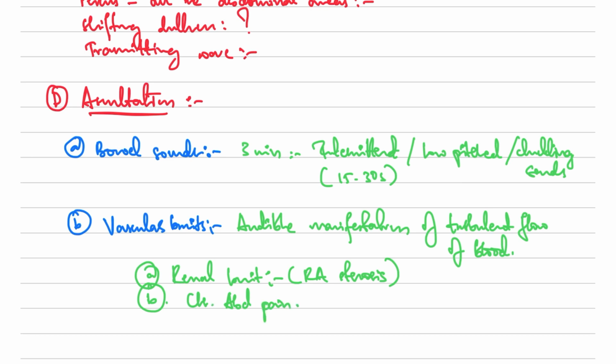Okay, so this is seen in mesenteric arterial insufficiency. Okay, then what is claudication? Claudication is nothing but an occlusive disease of the aorta and the iliac arteries. So what are the other bruits that you will hear? You will hear renal bruit, as I said, and you will also hear hepatic bruit, etc.